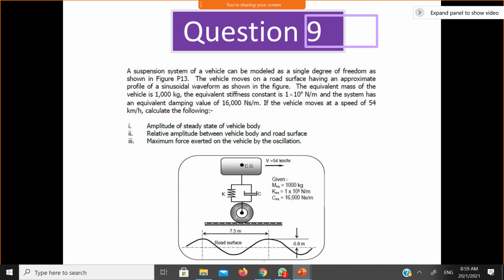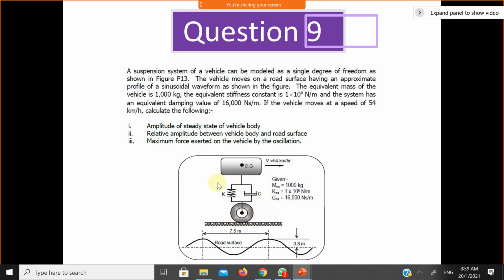This one just assumes a single degree of freedom. Basically in a real case, we would consider it as a second degree of freedom. Where does the other one come from? It comes from the unsprung mass.